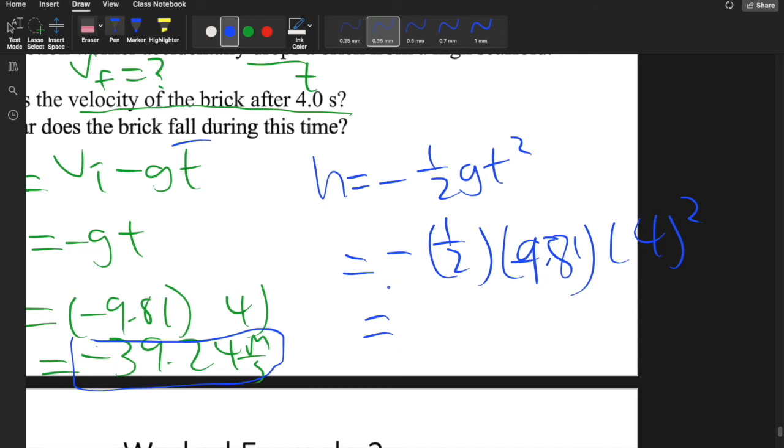So it is equal to negative 78.48 meters. Right. So this is the answer for the second part.